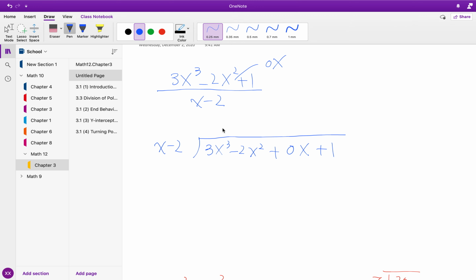So what I do here is, because I want to come up with a first term by multiplying these two. Now this is x, this is 3x to the power 3. Of course, if I multiply 3x to the power 2, then this multiplied by that gives me 3x to the power 3. And then this multiplied by that is negative 6x to the power 2.